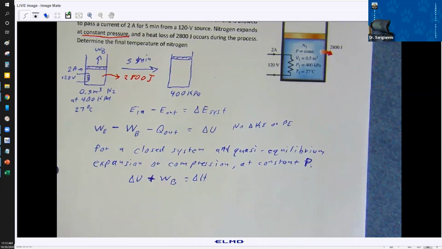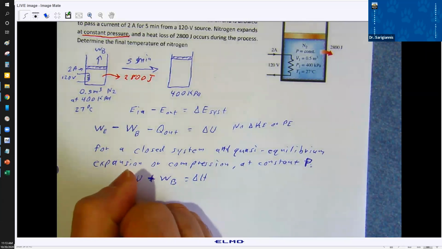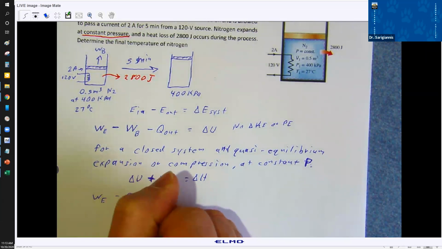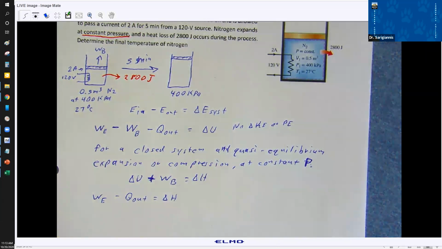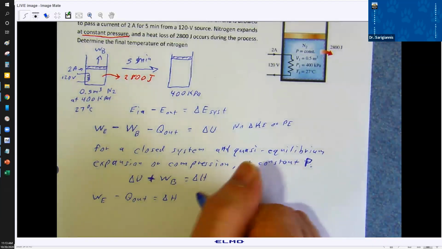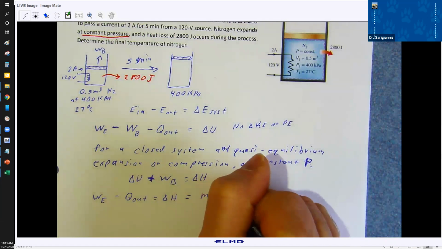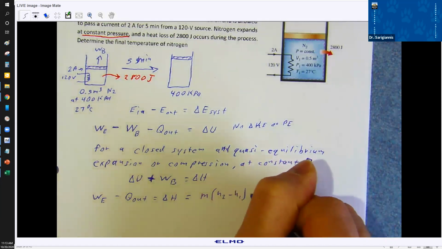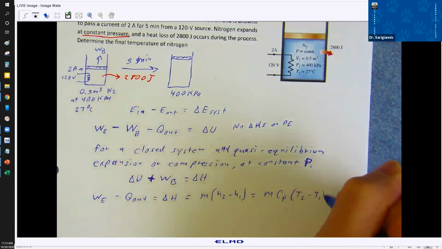So we can take the boundary work and put it on this side of the equation and replace this with delta H. So we wind up with the electrical work minus Q out equals delta H. And then delta H is going to be m (h2 minus h1), which for an ideal gas we can write as m cp (T2 minus T1).